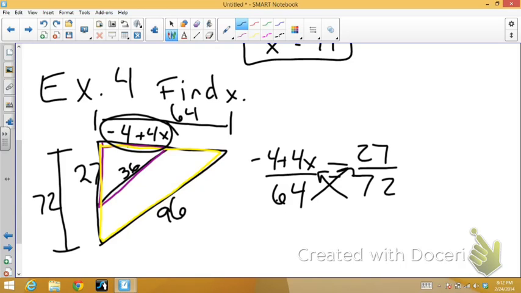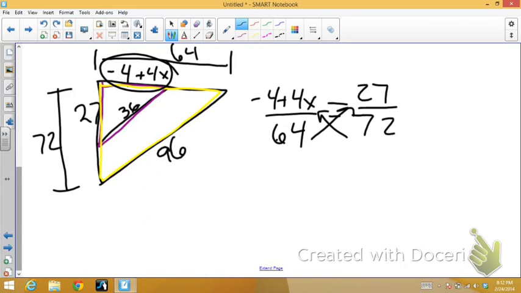This equation will be a little bit more difficult to solve because we're going to have some more opposite operations to do. So we multiply 72 times 4x and -4. Now that 72 has to multiply by both of those. So 72 times -4 is -288. 72 times 4x is positive 288x.